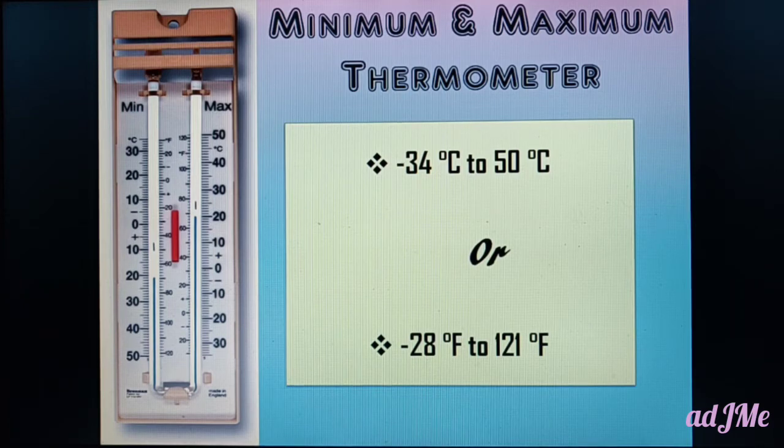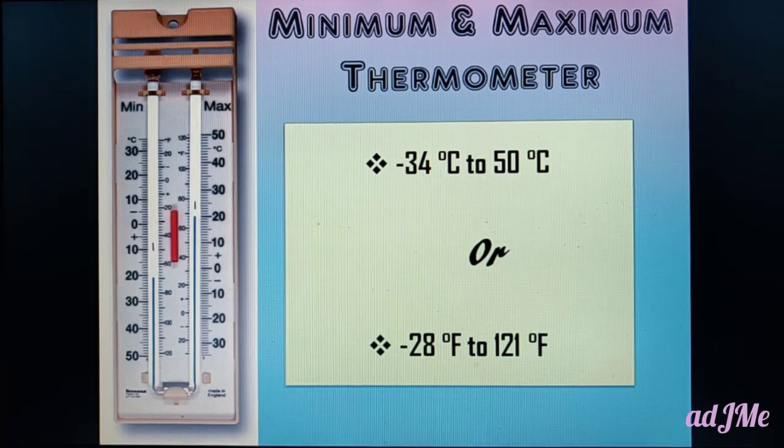It is from minus 28 degrees Fahrenheit to 121 degrees Fahrenheit, or in Celsius minus 34 degrees Celsius to 50 degrees Celsius. In this picture you come across minus 30 to 50, but in some minimum maximum thermometers you come across minus 34 to 50 degrees Celsius.